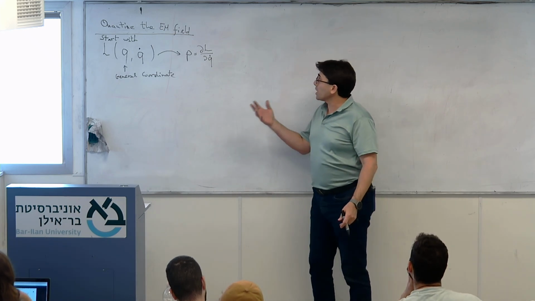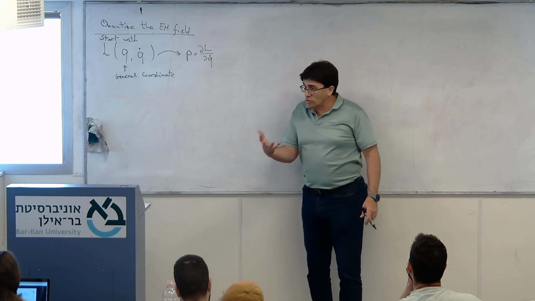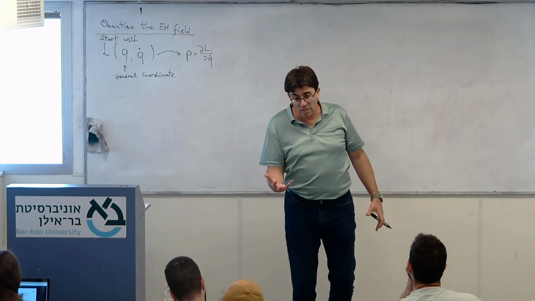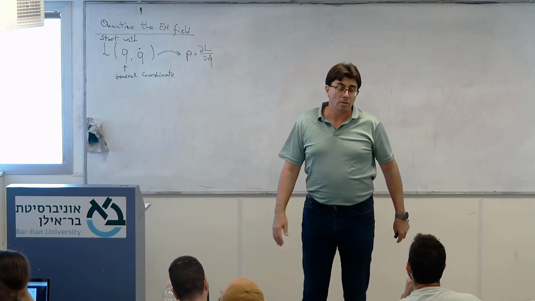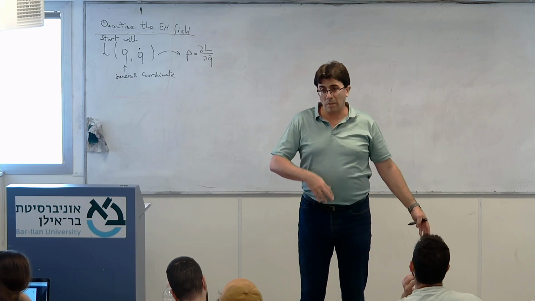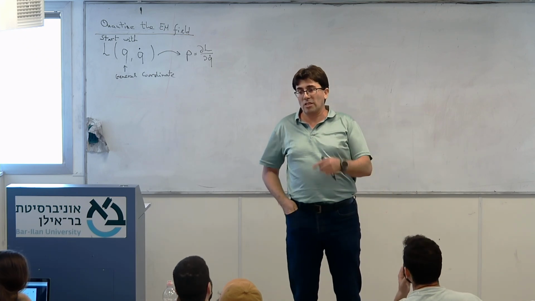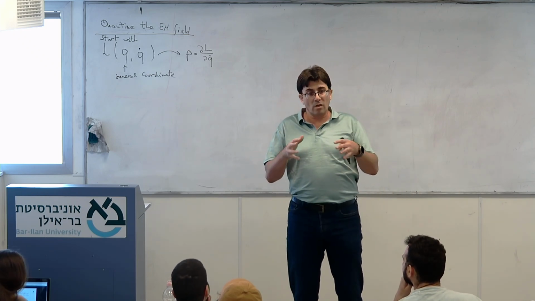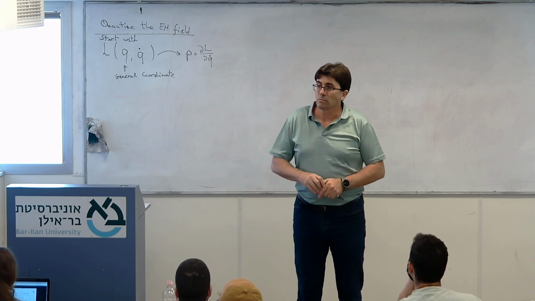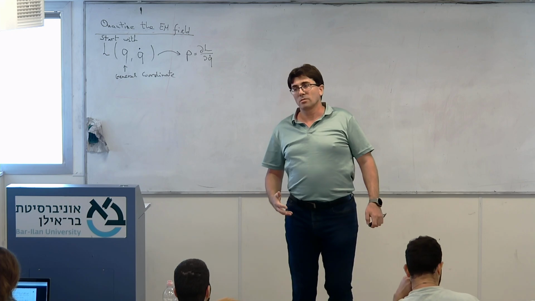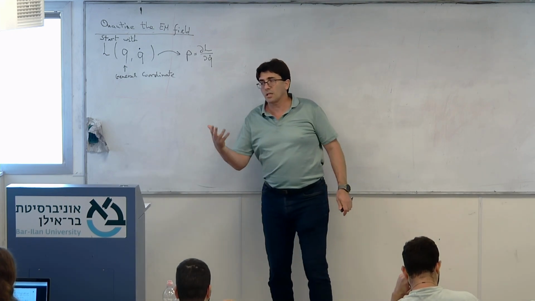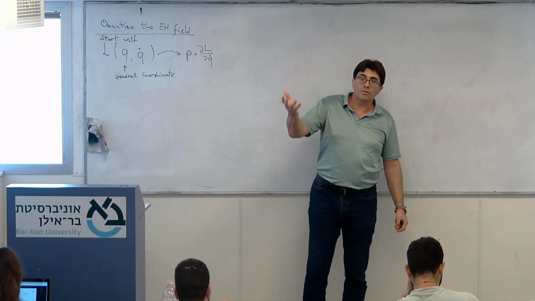Because when we think about the Lagrangian of the electromagnetic field, the Lagrangian is the total of potential energy minus kinetic energy, and the potential energy includes the field squared, and the velocity will also include something that has to do with the derivative of the field.